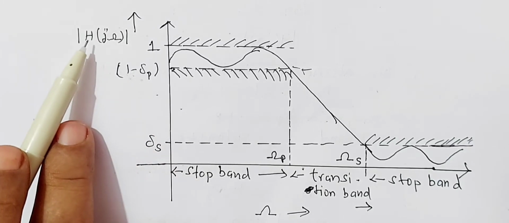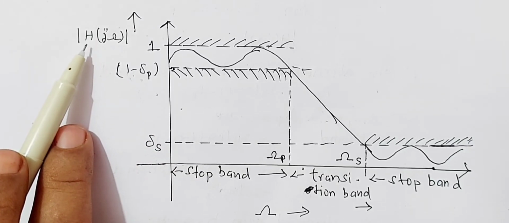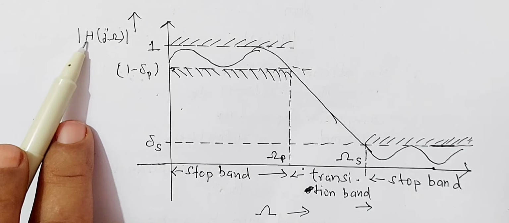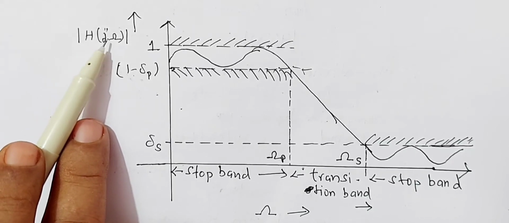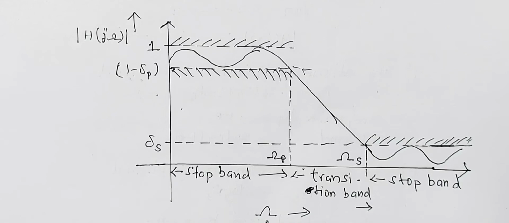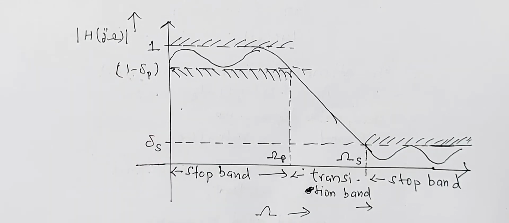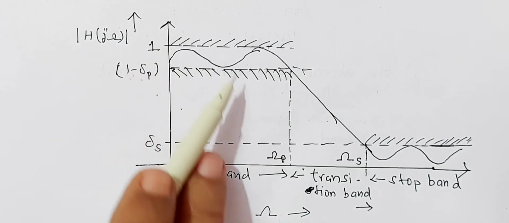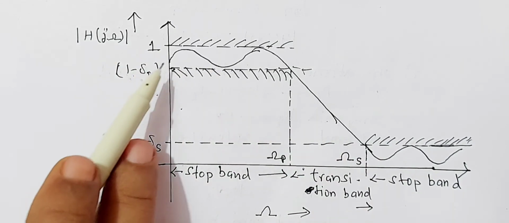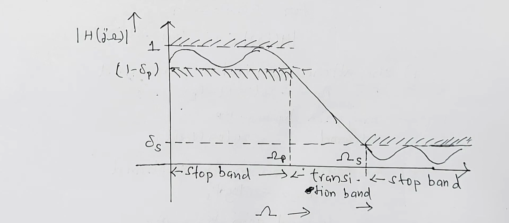I will represent the gain or magnitude by H of j omega, that is output voltage by input voltage of the filter. This is the frequency. Plot the graph of this gain along the frequency. You get a nature of the curve like this. This is the low pass filter curve.